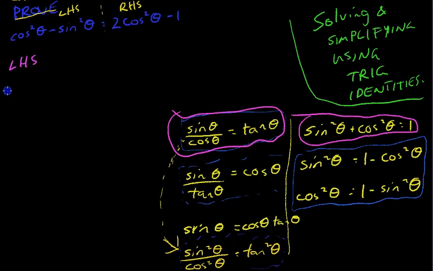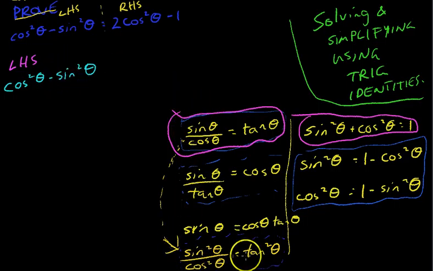So let's do the left-hand side. Cos squared theta minus sine squared theta. Now, looking at my right-hand side, you can see that it has no sine squared theta in it. So this sine squared theta is the thing in the way. How can I get rid of that?